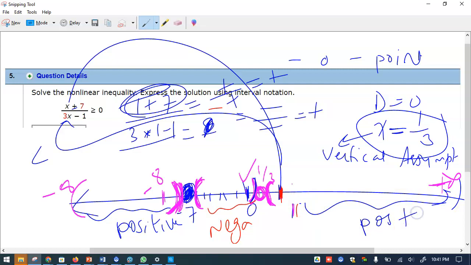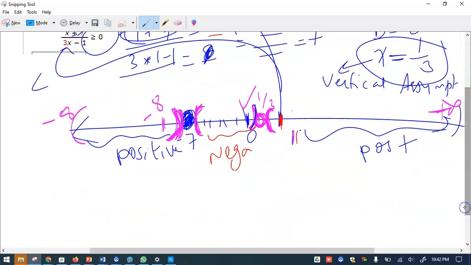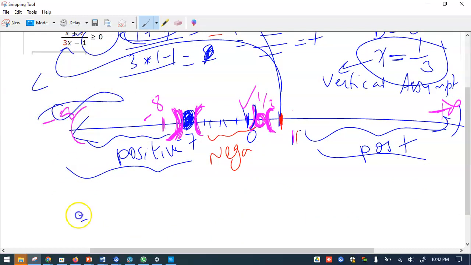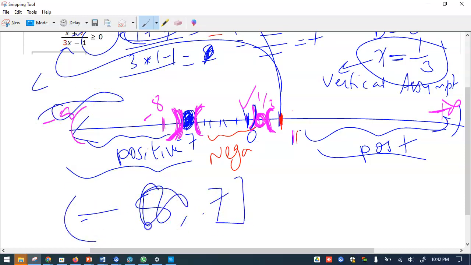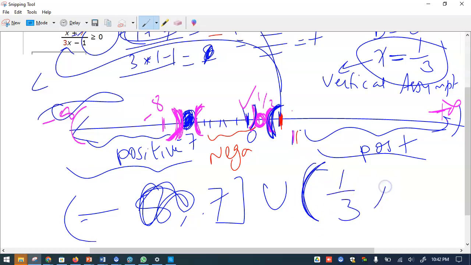The question was positive, so the answer is from minus infinity all the way to minus 7, closed at minus 7, union. Now this is where you have to be careful. You can't have 1/3, so you have to put a parenthesis and then go all the way to plus infinity, and you're done.